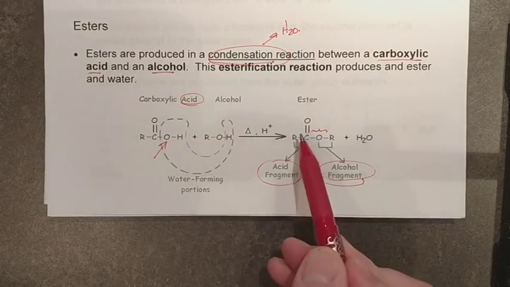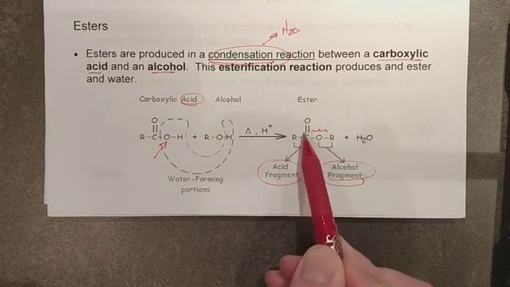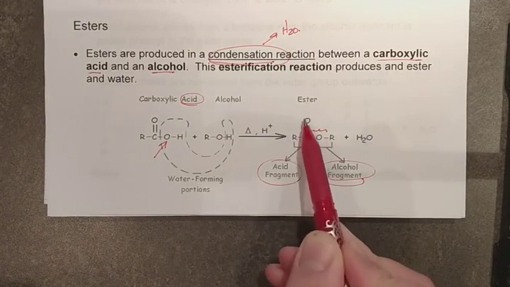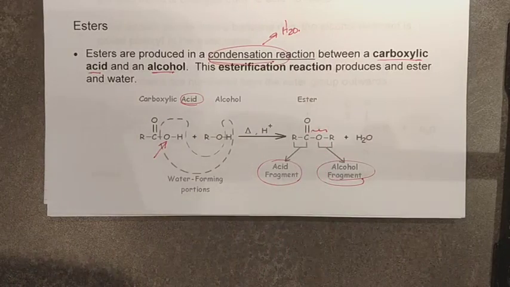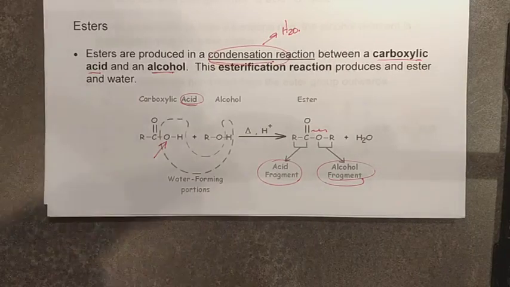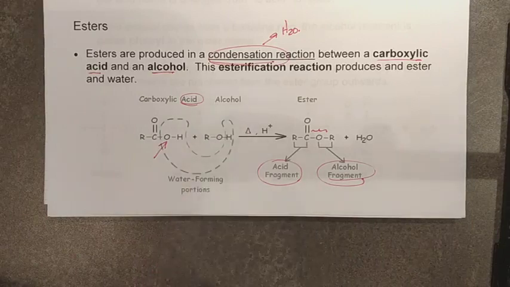We will also see that carbonyl group left over in the carboxylic acid fragment right next to it. Okay, so again, the complexity in this one makes it easy to identify, but we'll be looking at this one more from esterification reactions, knowing the two reactants, one being an alcohol, the other being a carboxylic acid, and then making the ester and water.